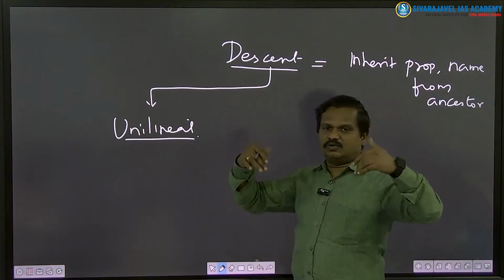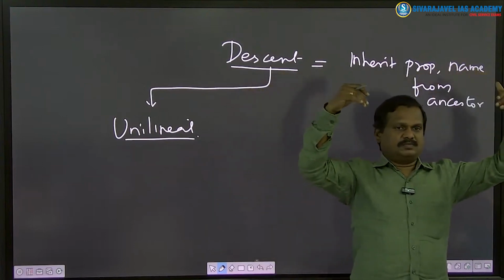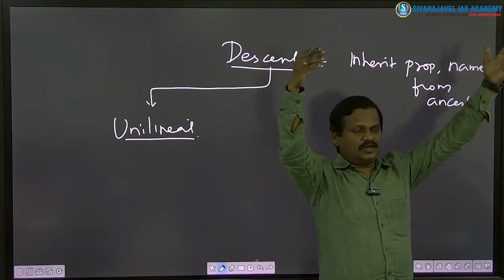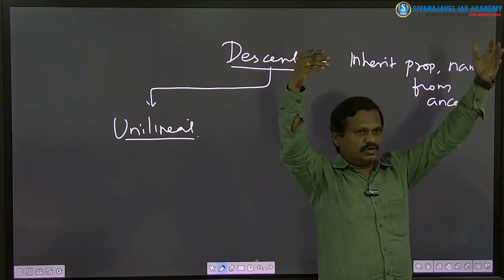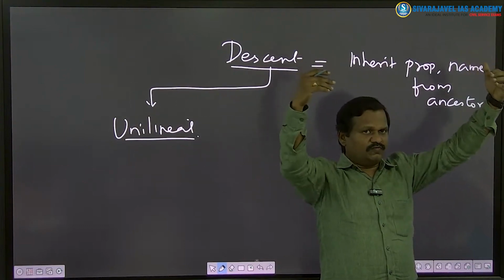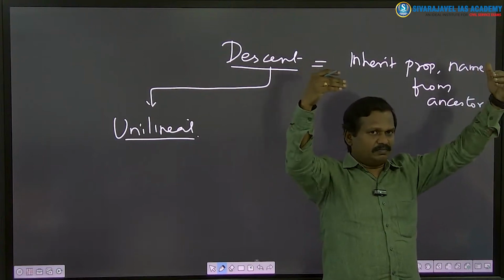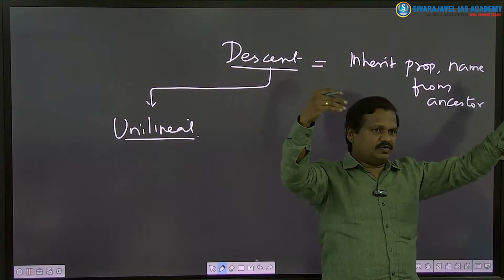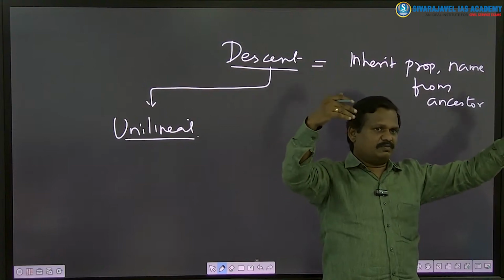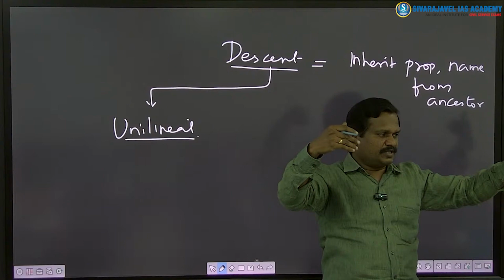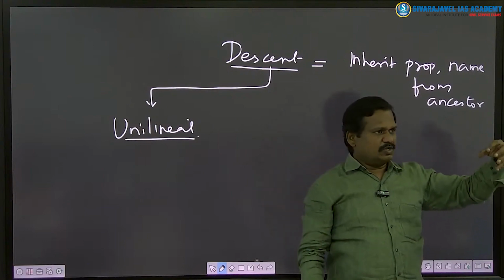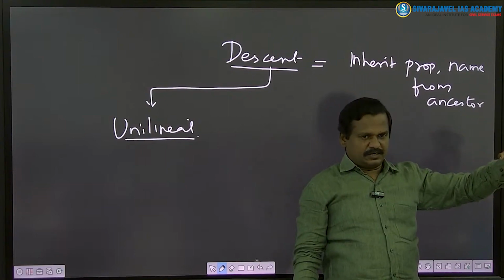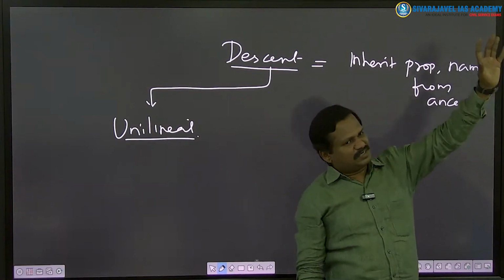Because you got the property from your father. Your father got the property from his father. He got property from his father. So you should know from whom we have come, because only then will we understand from whom we will be able to get the property. So for inheritance related questions, the answer comes from descent rules.